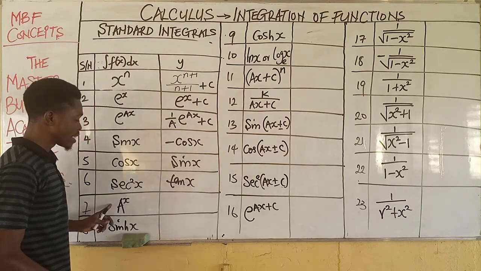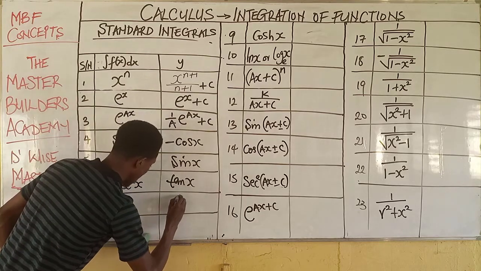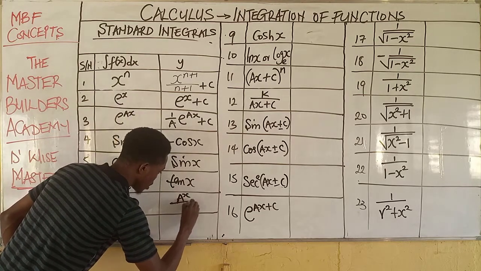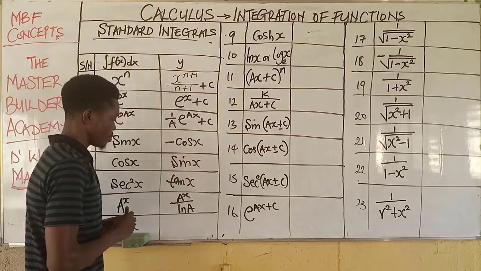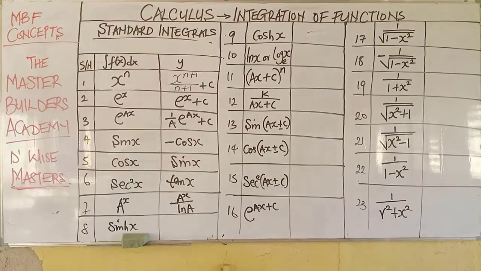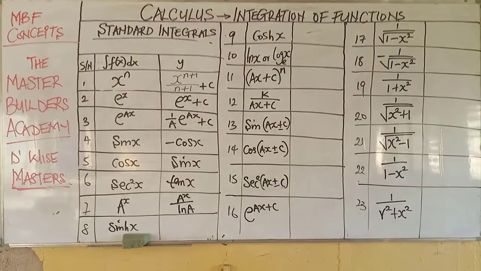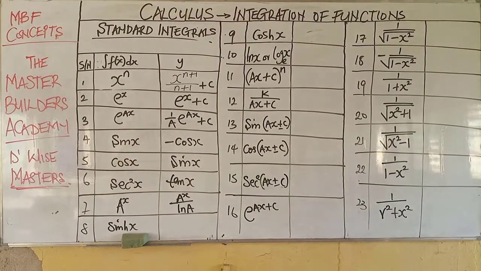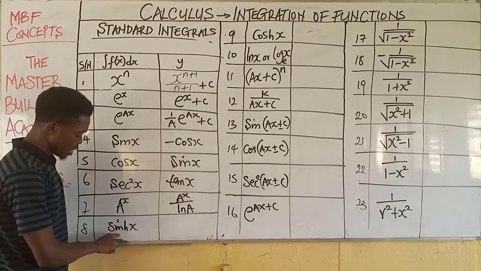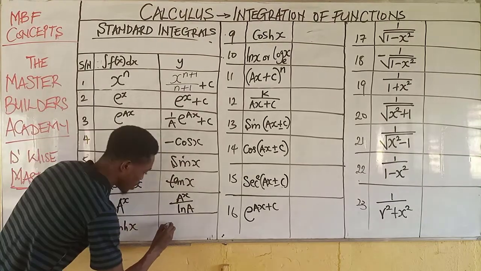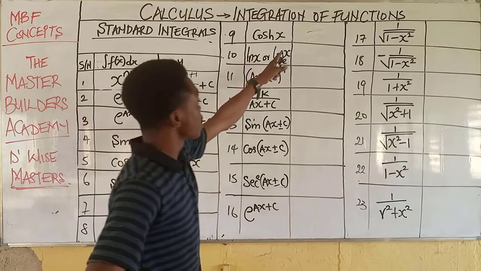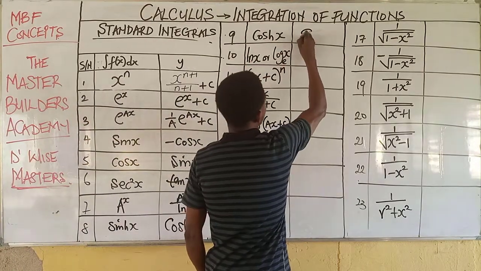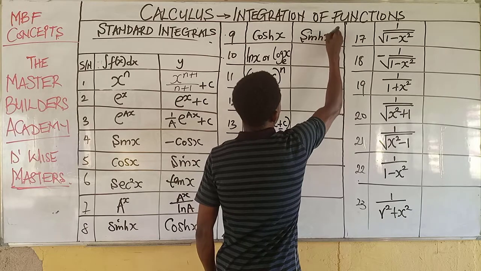So when I integrate this, I have a to the x over ln a. Then equally, when you integrate sin x, you have negative cos x. Now, when we integrate cos x, we have sin x.